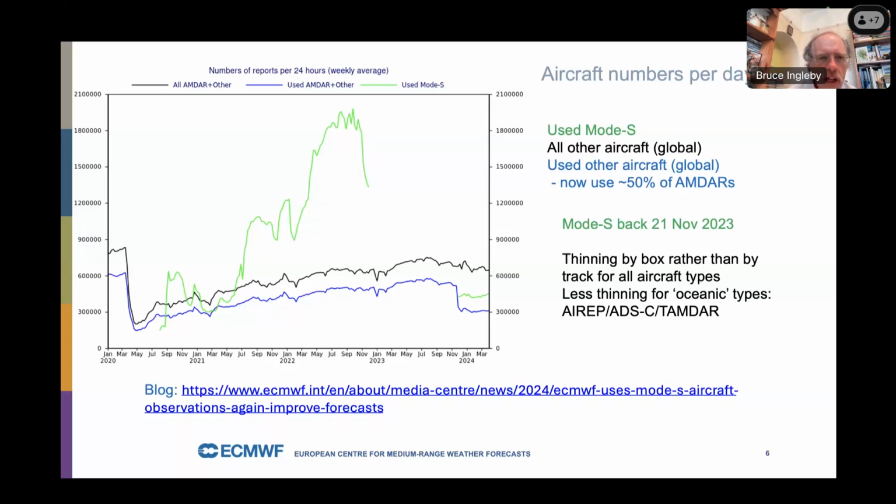So we took it out in November 22, and it was reintroduced in November 23, thinning by box rather than by track. And I'm also thinning the other aircraft data more than we did before.